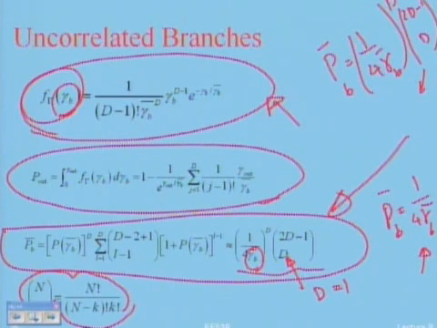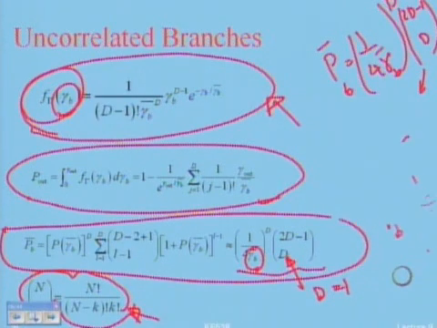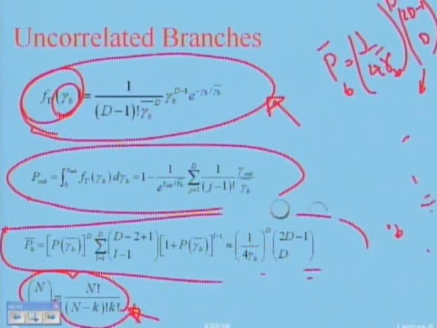Okay, that's a combination of 2D minus 1 choose D, which is defined by this equation. Now, this equation, I like it. This equation is simple. Up to now, all my equations were a little bit confusing. Too many equations. This equation I like.